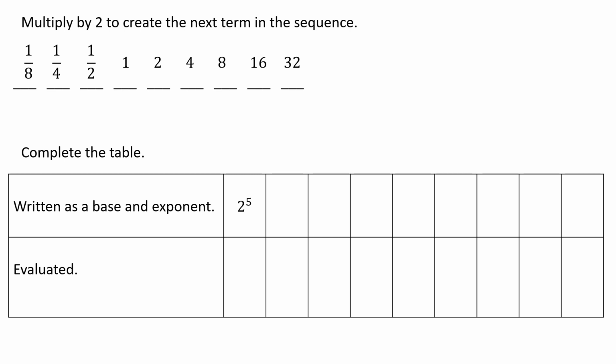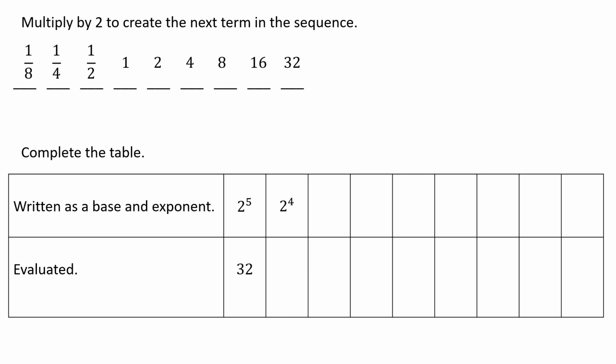Well, 2 times 2 is 4, times 2 is 8, times 2 is 16, times 2 is 32. All right, so 2 to the 5th power is 32. We've done a lot of work where the exponent is a 2, but here, whoa, my goodness, the exponent is 5. That's kind of big.